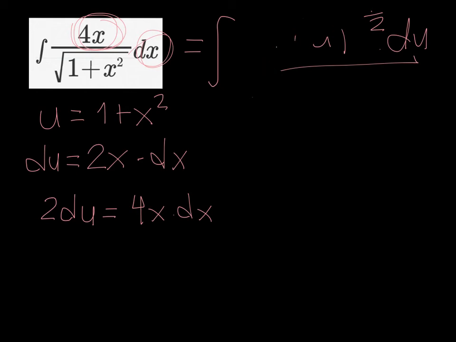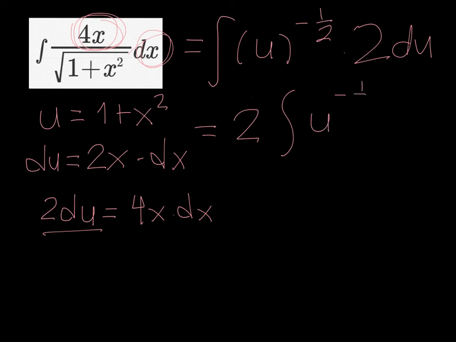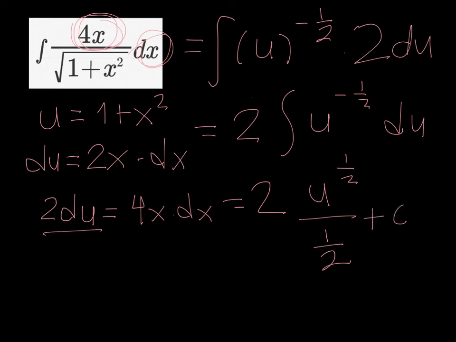Or if you want, and I think it's clearer that way, I'm going to write u to the negative 1/2 times 2 du. Okay? Constant out of the integral sign, 2, times the integral of u to the negative 1/2 times du. And the integral of u to the negative 1/2 will be u to the positive 1/2 over 1/2 plus c.